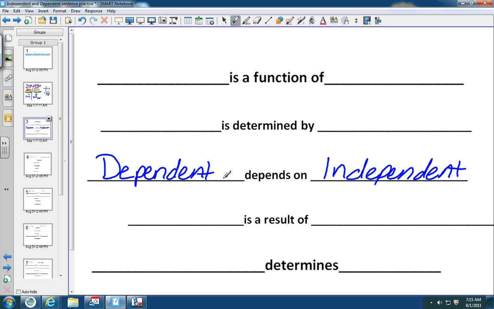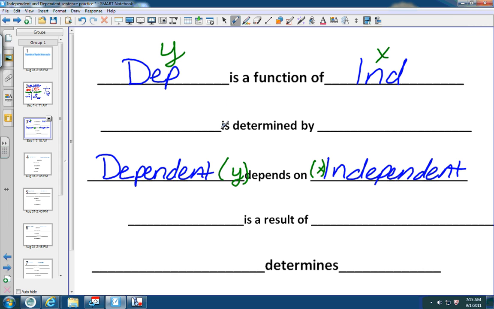So I could even write Y depends on X. Up here, this will be the same thing. The dependent is a function of the independent. So again, Y is a function of X.